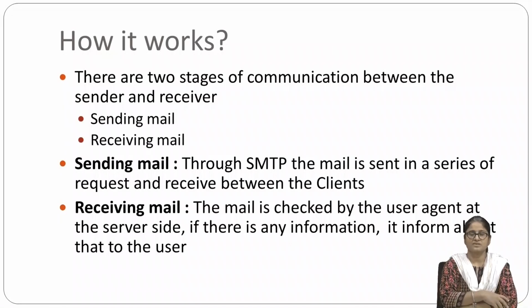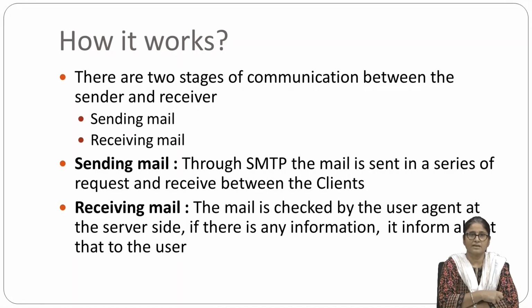There are two stages of the communication between the sender and receiver. The first one is sending mail and the second one is receiving mail. Sending mail means we can send mails to any user by specifying the user's email ID, right.